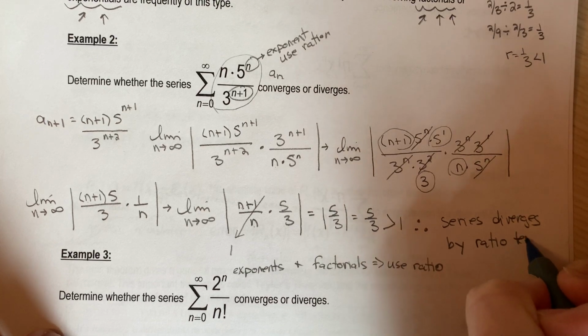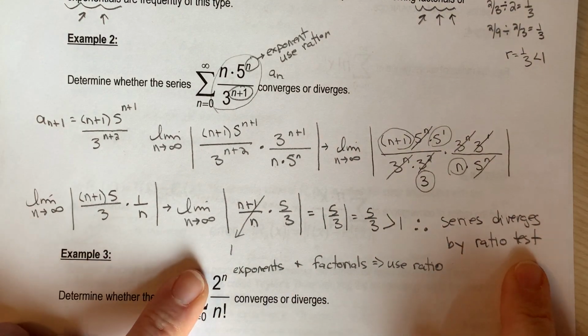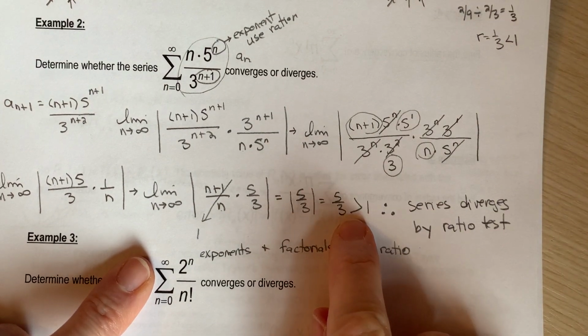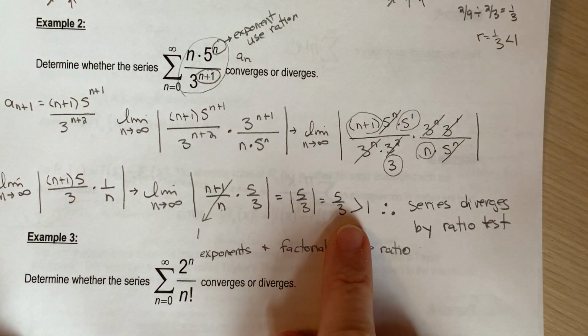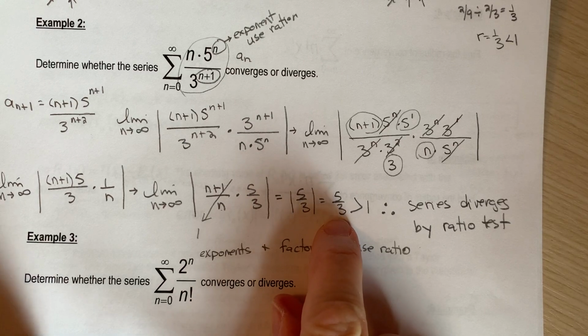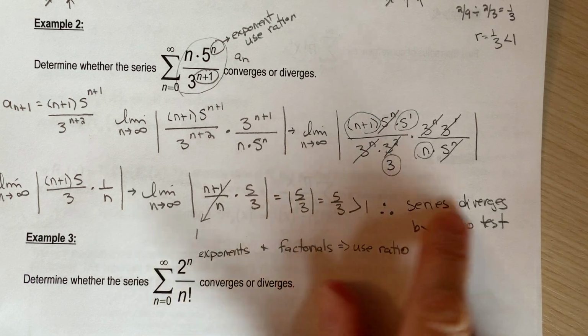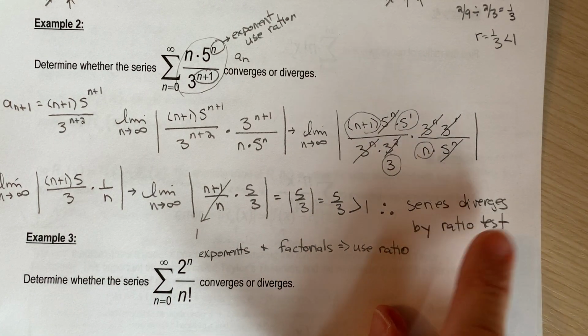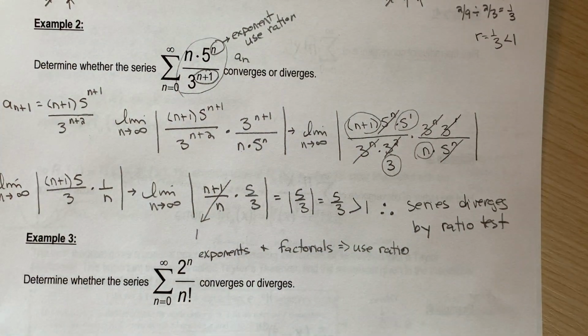This is proper documentation. So don't just say diverges, don't stop here, show all your work. You have to very clearly show that that limit is a number that you can say is greater than 1. Then say diverges by ratio test. Every single time you're using a test, you have to reference what test you are using.